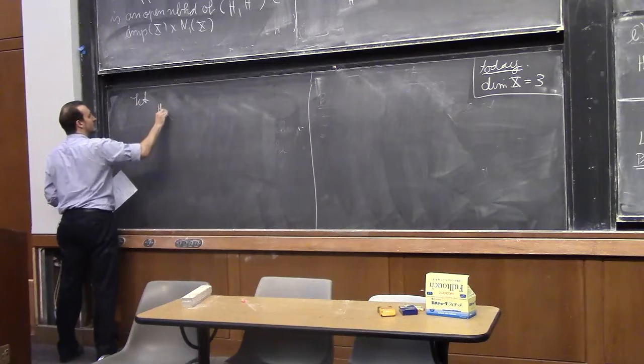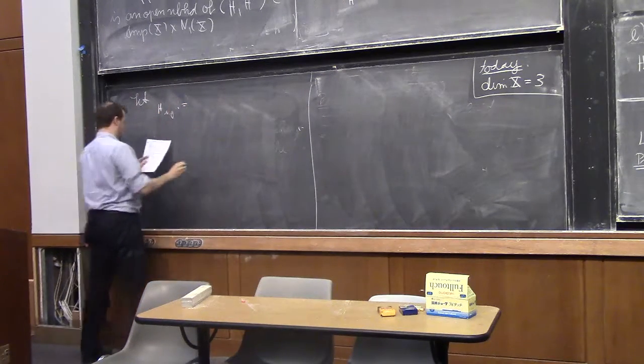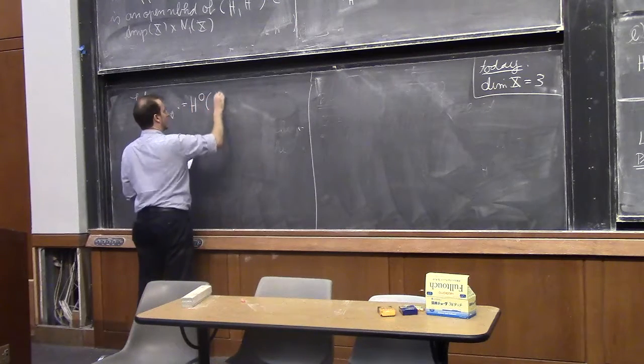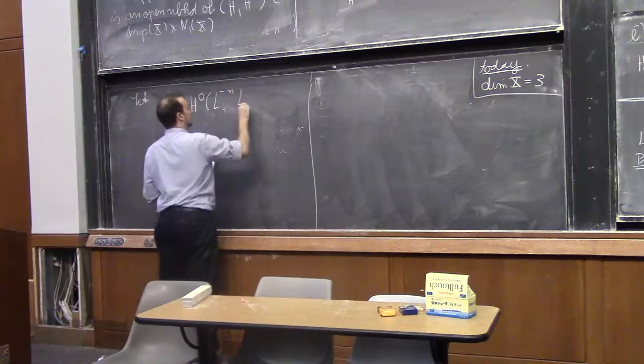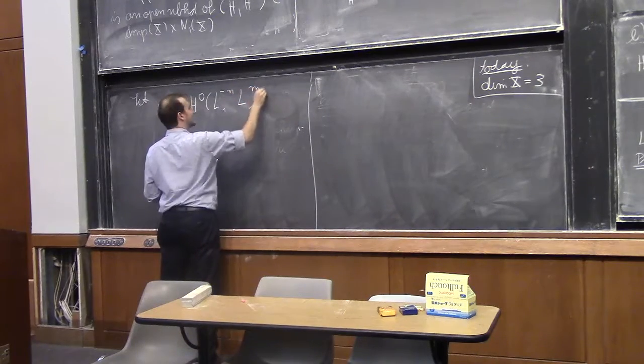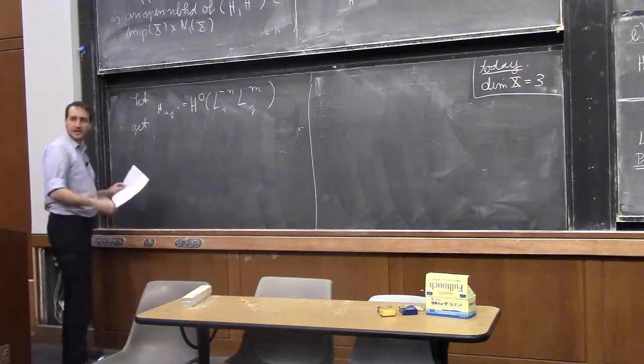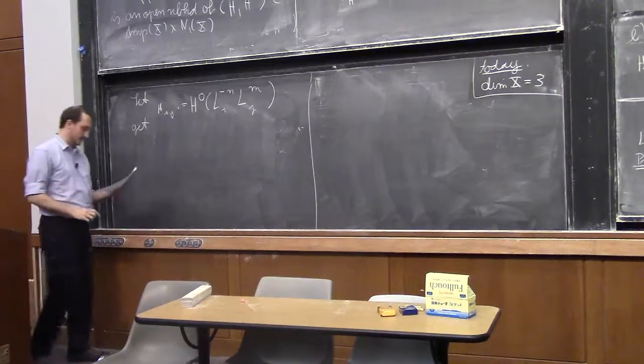So I set H_ij to be H⁰(L_i^{-n} ⊗ L_j^n), and then you get multiplication maps which tell you exactly how these quotient representations are related.